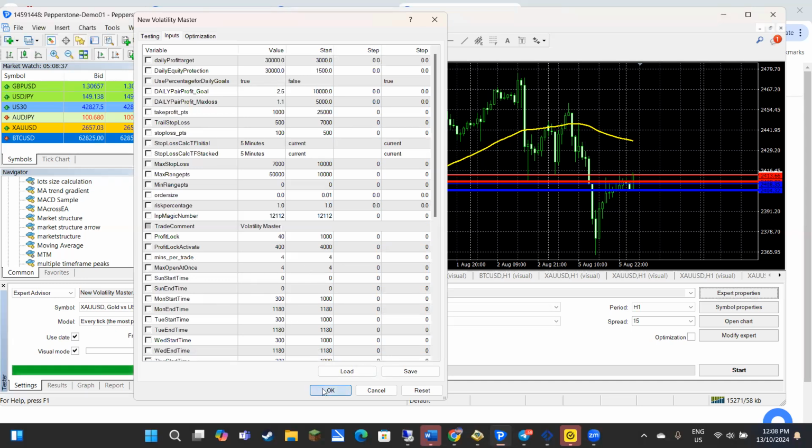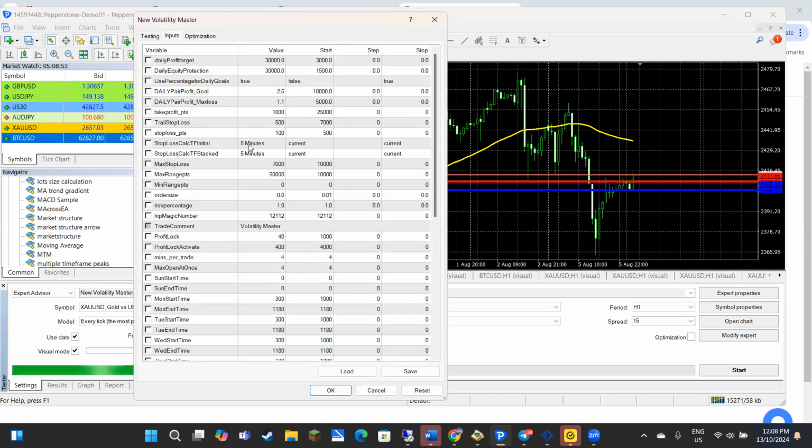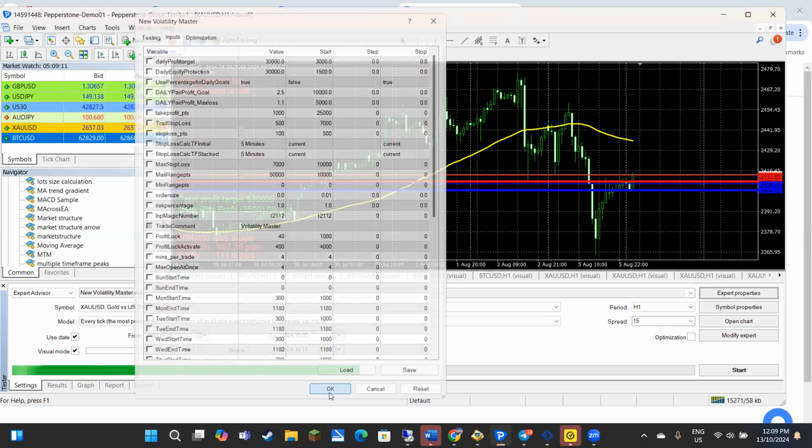So I'm going to run through with it set at the 5-minute. It's going to base the stop loss off the 5-minute range, and then I'm going to back test the same time period on the 1 hour range, so you can see the difference in where it's placing the stop loss.